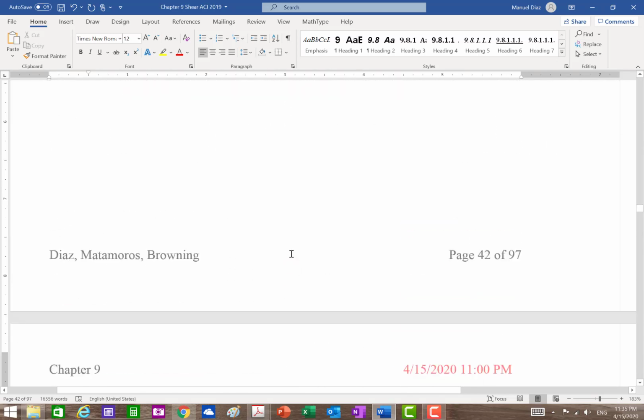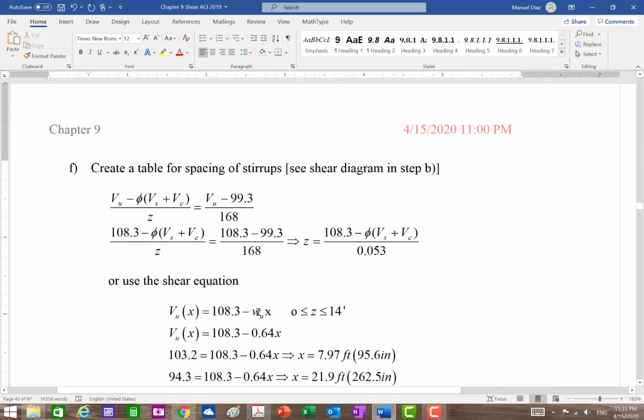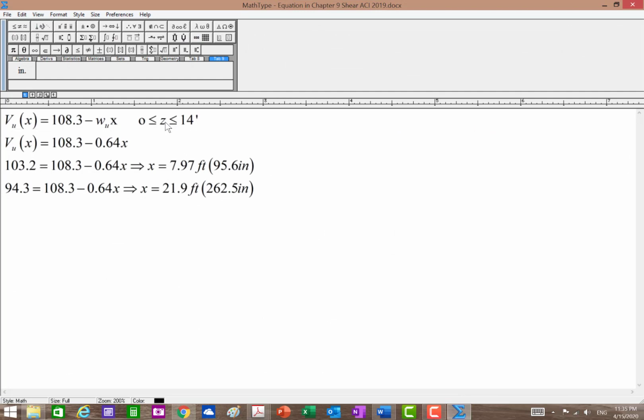Or, right? You can use your formulas from shear, right? From mechanics results. This is your formula. Okay? It's valid for a value of x between 0 and 14, right? And why 0, 14?